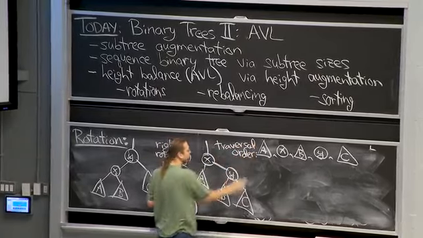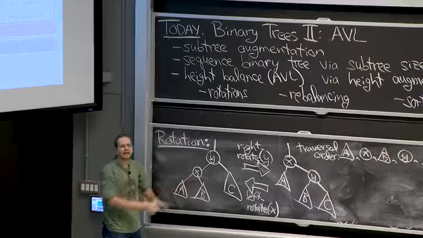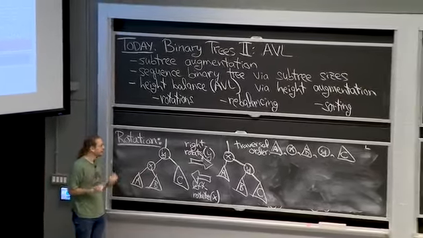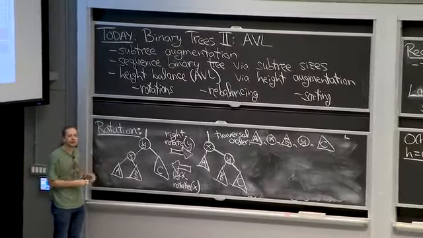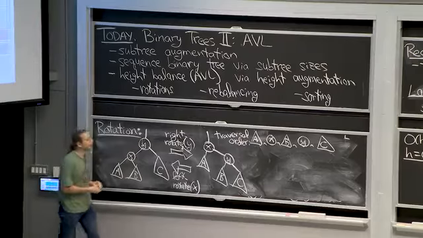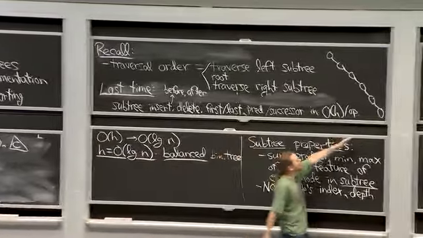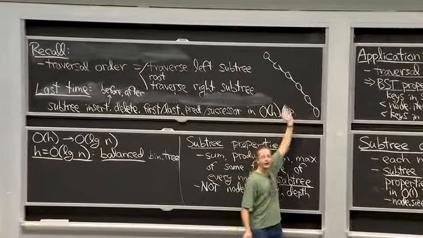Great. So this is a thing that we can do in a tree that won't affect any of the stuff we've done so far. It's a tool that we can use to rebalance. Notice how deep things are in the tree changes. Our problem with this linear tree is that there are some nodes of linear depth. We want to get rid of those. How? Well, we could take these edges and start rotating them up.